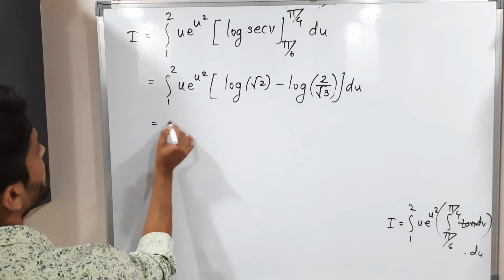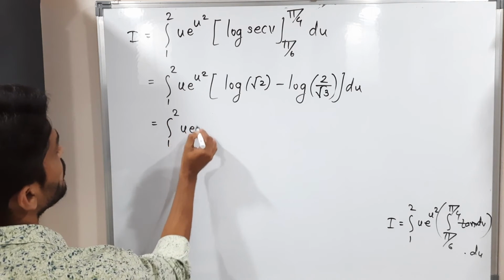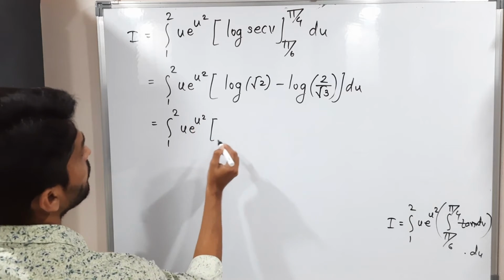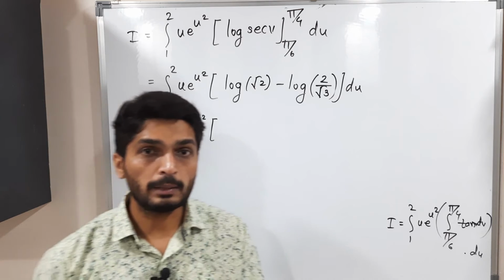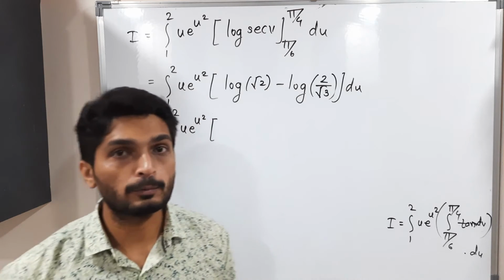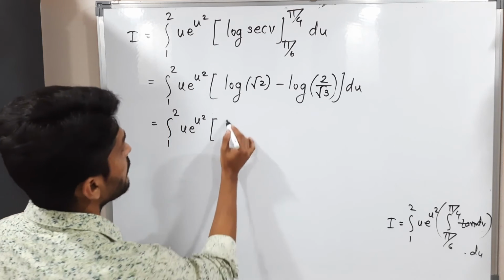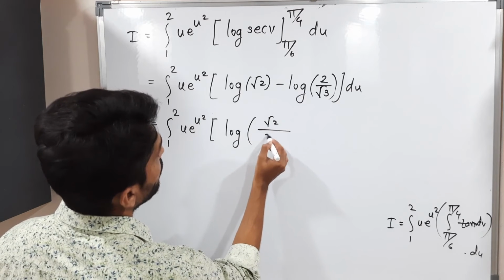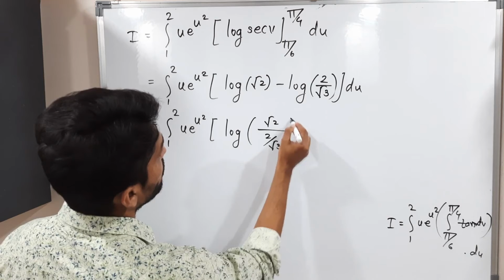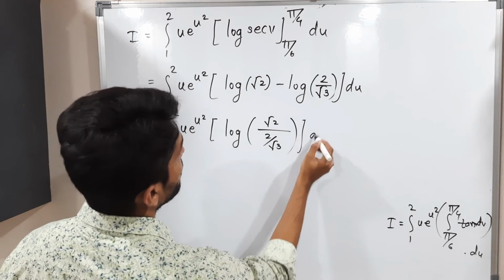So this is equal to integration 1 to 2 u e raised to u square, log a minus log b. You know that log a minus log b is equal to log a upon b, and that formula I can use here. So therefore log root 2 divided by 2 upon root 3, and du.